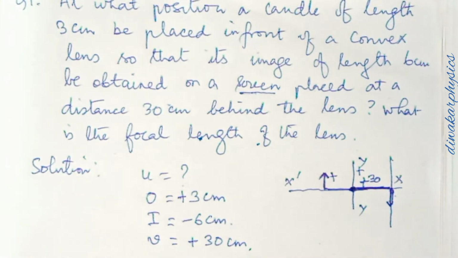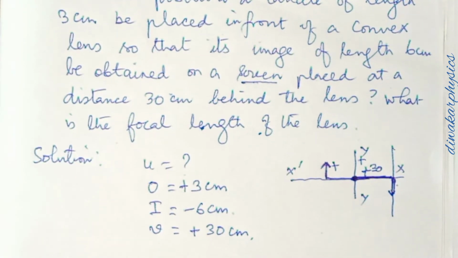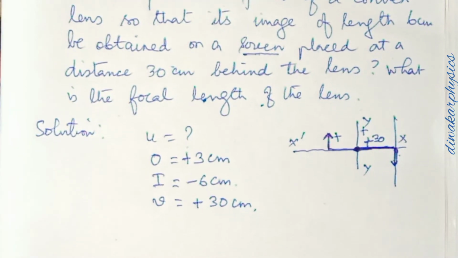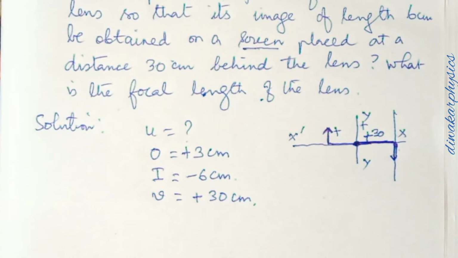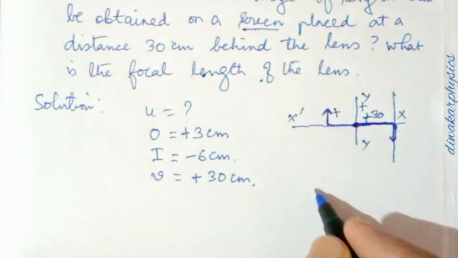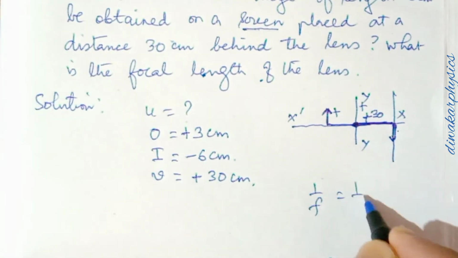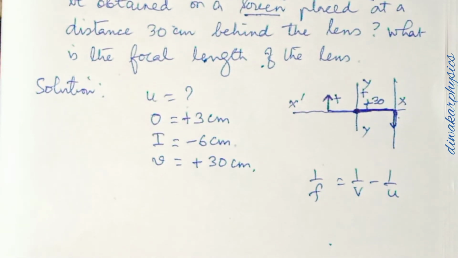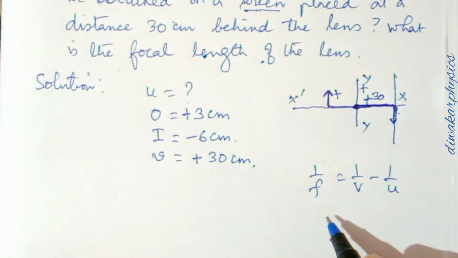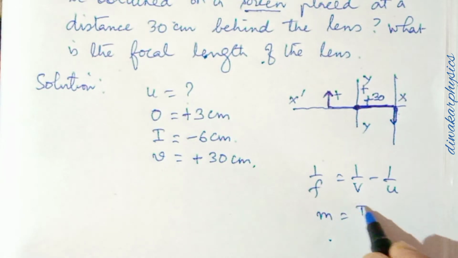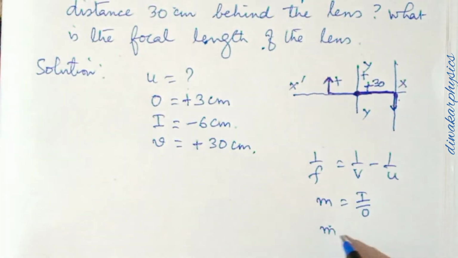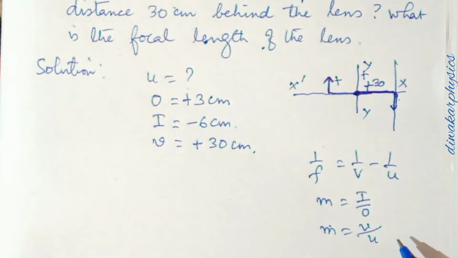So this is the information given in the question. Now what formula do you have to use? First you have 1/f = 1/v - 1/u. This is the lens formula or lens equation, and m = I/O, or you can use m = v/u also.